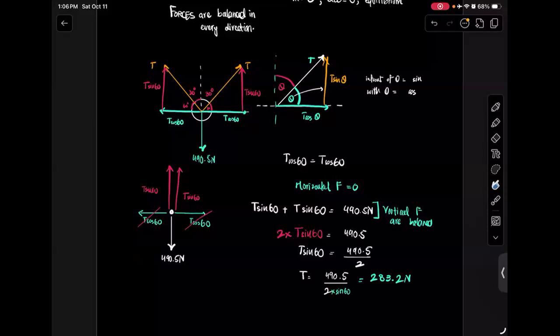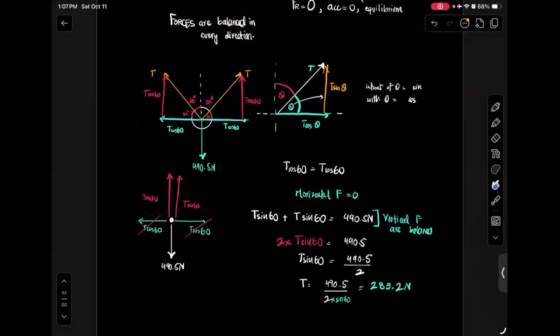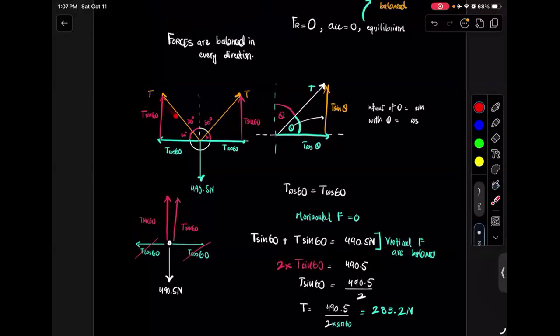Are you sure? Okay, great. Hania, did you figure out where you went wrong? Yeah, I got it now. Where did you mess up? I only took one sine 60 instead of two. Okay. Make sure you take both because you've got two ropes, right? Both of them are going to have a vertical component.